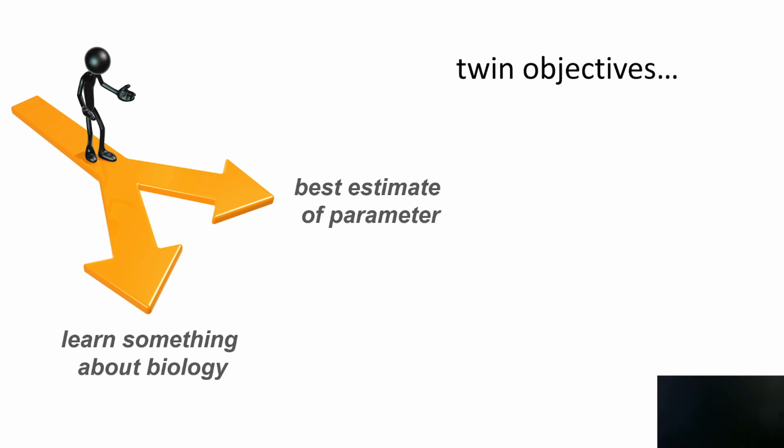You may be interested in whether males and females of some species have different survival probabilities, and the actual probabilities themselves may be of less interest than the general question, do males and females differ? So sometimes we're interested in the best estimate of the parameter because the parameter estimate itself is what's relevant, and sometimes we're simply trying to estimate something to learn about the biology, and often we're doing the two simultaneously. So you can think of these as points on a continuum based on the objective of fitting models to the data in the first place.